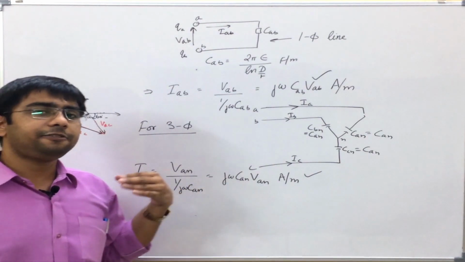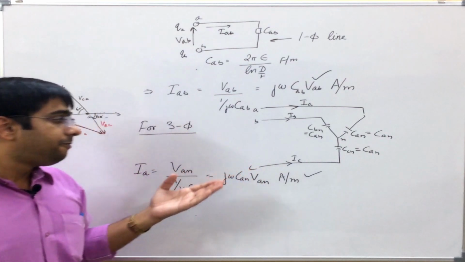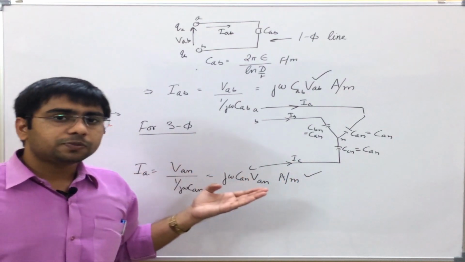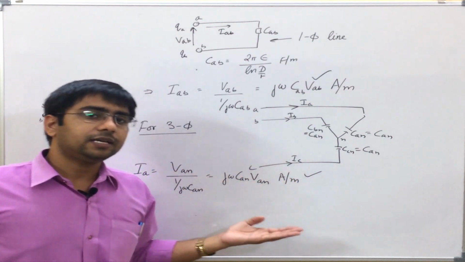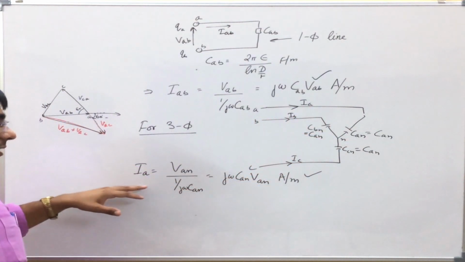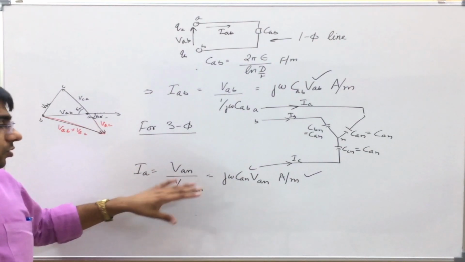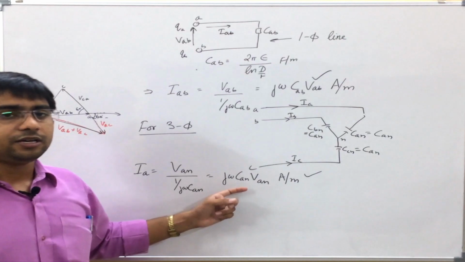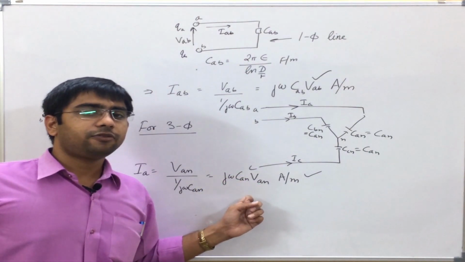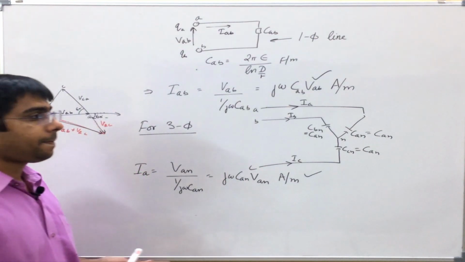For the 3-phase system, if the system is balanced or if we have transposed it, then we can use per phase analysis, and similarly we can find the charging current on a per phase basis using this formula, wherein we will use the line to neutral capacitance instead of line to line capacitance. Now there is one more thing.